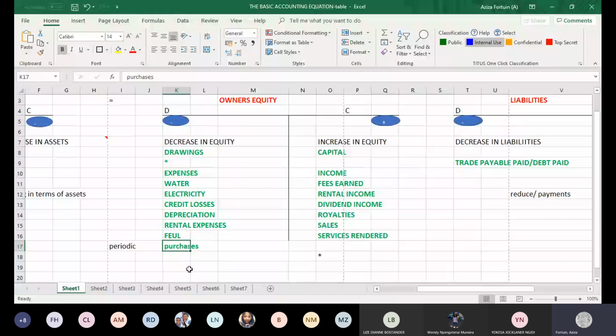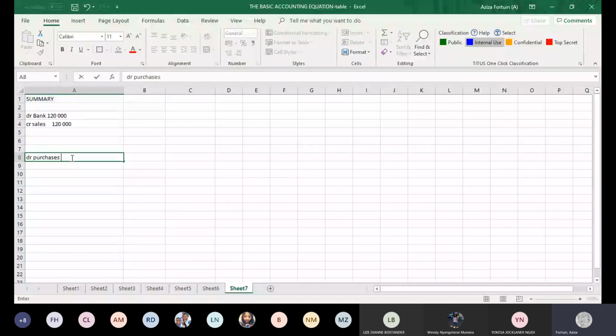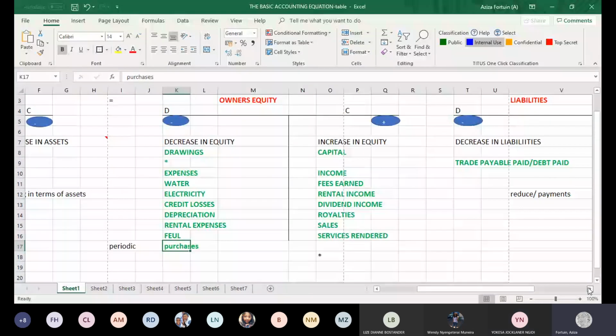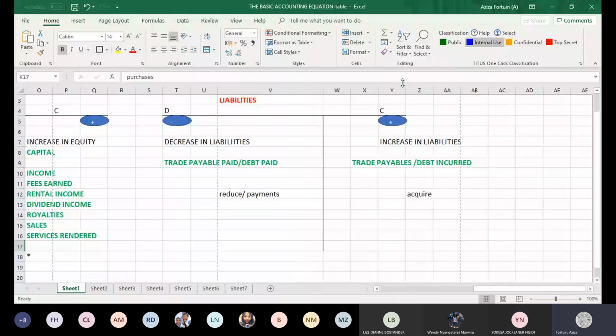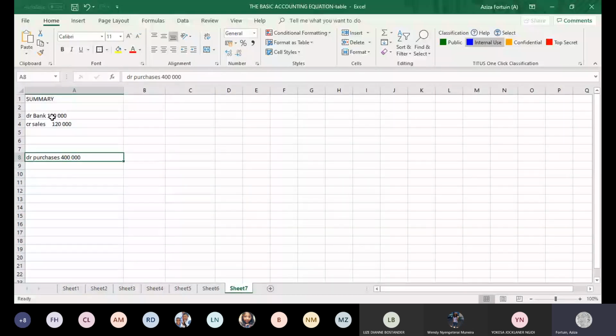So let's debit purchases, 400,000. And because we bought it on credit, we credit creditors control, or trade creditors.